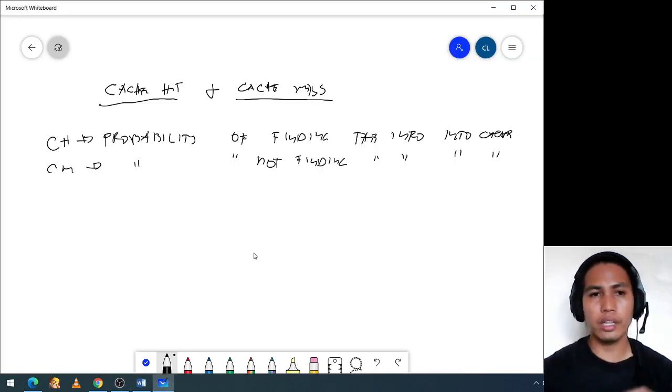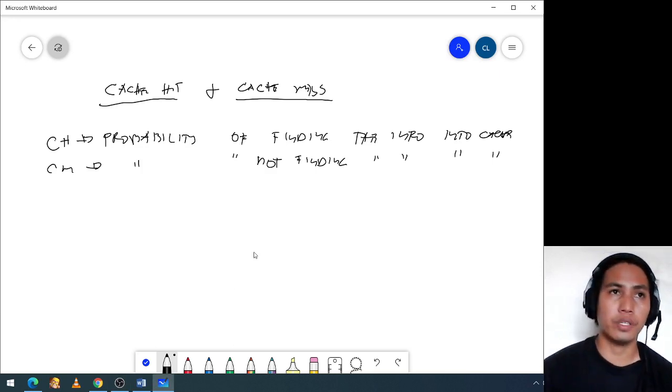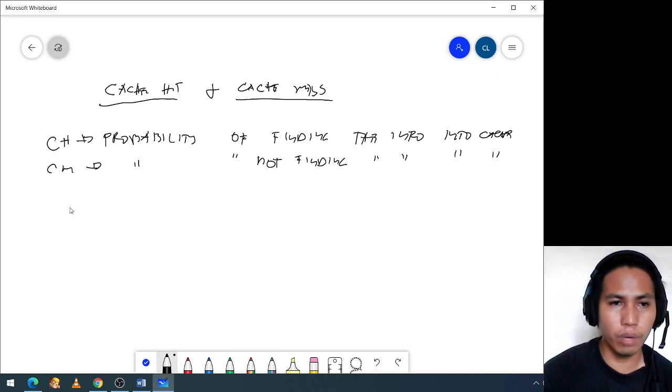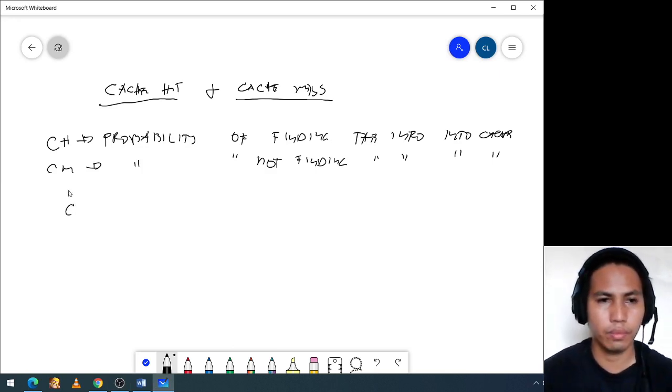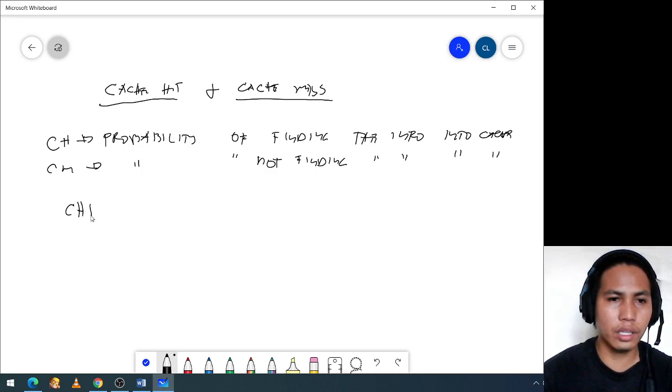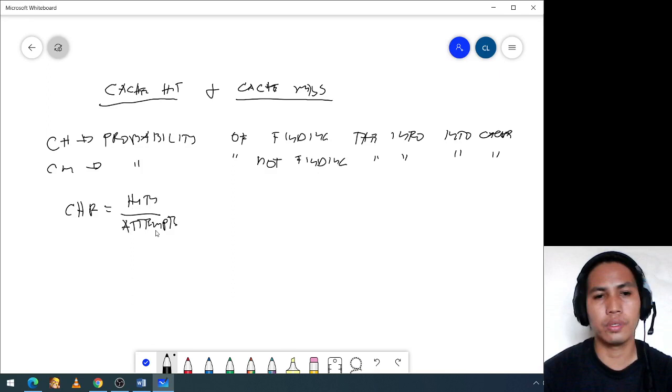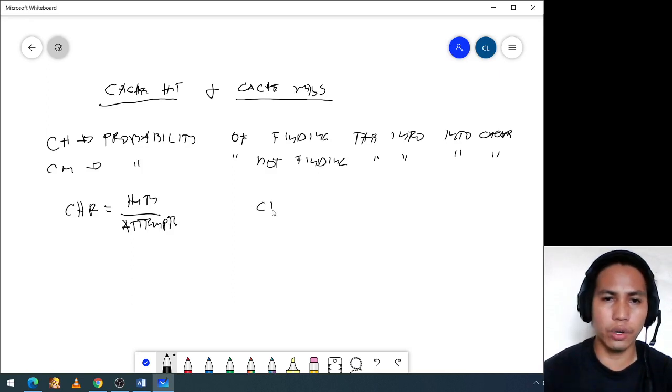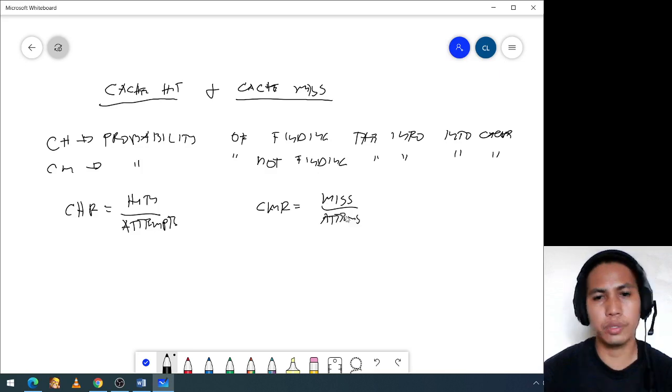Now, we have already defined what is cache hit and cache miss. Now, in getting the ratio of cache hit, or hit ratio, that is the number of hits over the number of attempts. The same with cache miss ratio, that is the number of misses over attempts.